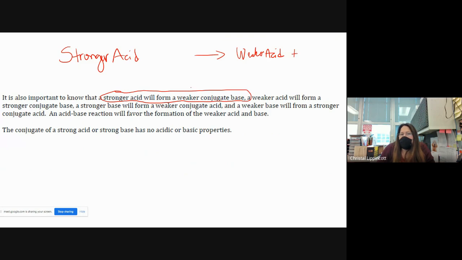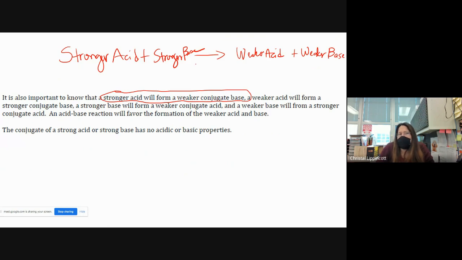Okay. And you're also going to have the weaker conjugate base on this side, which means that you're going to have the stronger base on this side. So strong, strong, weaker, weaker.